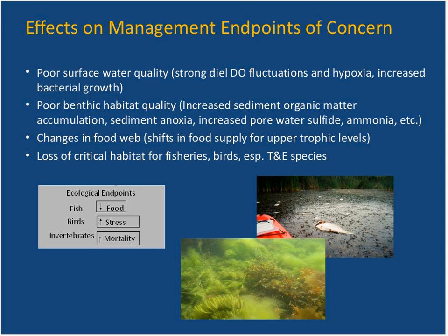They also cause poor benthic habitat quality, with increased sediment organic matter, sediment anoxia almost to the surface of the sediment, and increased pore water sulfide and ammonia, all of which are toxic to a suite of the organisms that live in the sediment. That changes the food supply for upper trophic levels and can result in critical loss of habitat for fishes, birds, and many types of invertebrates. As you see in one of the pictures, that was the fish kill we saw in San Diego estuary.